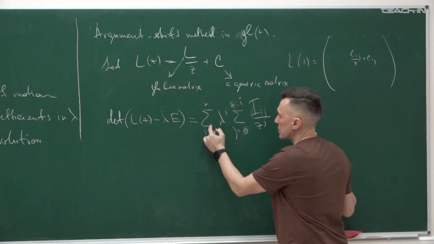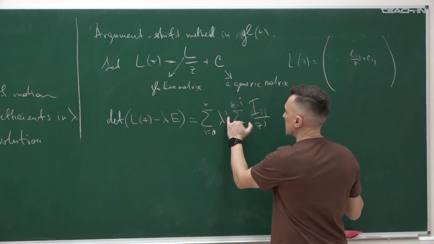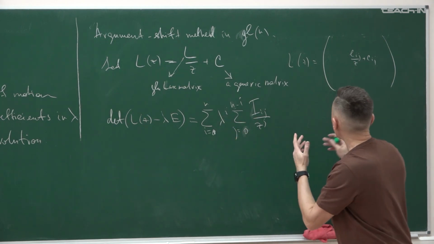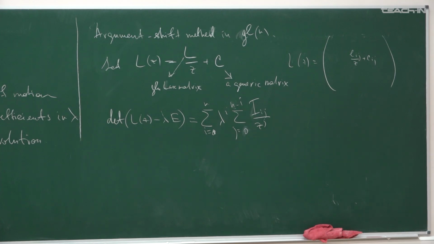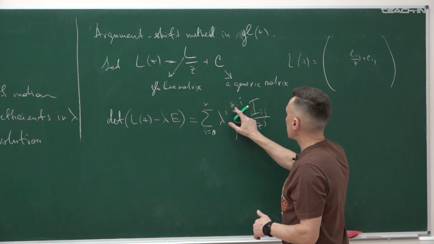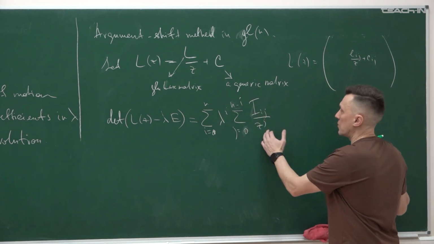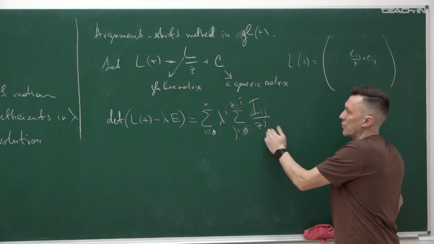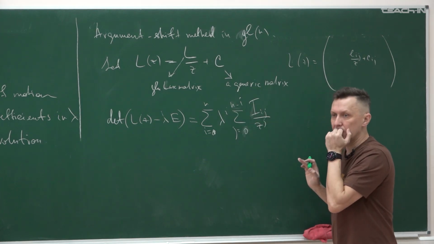It is the sum from 0 to n, and the coefficient at lambda I is the sum of minors of degree n minus I, and these minors are rational functions with the order of pole not greater than n minus I. Okay?